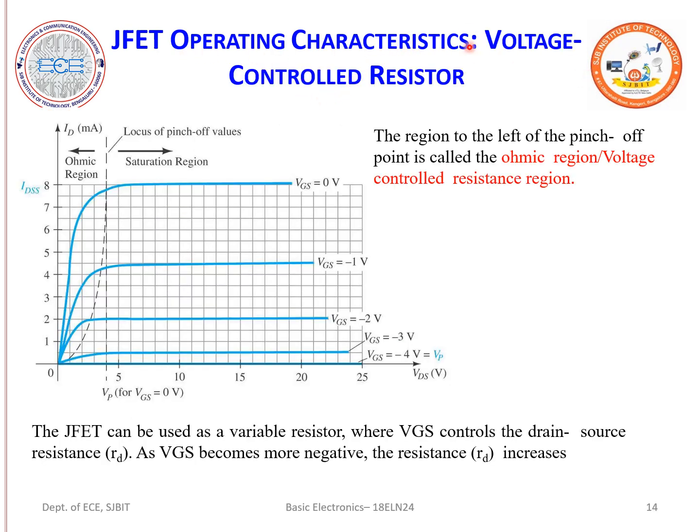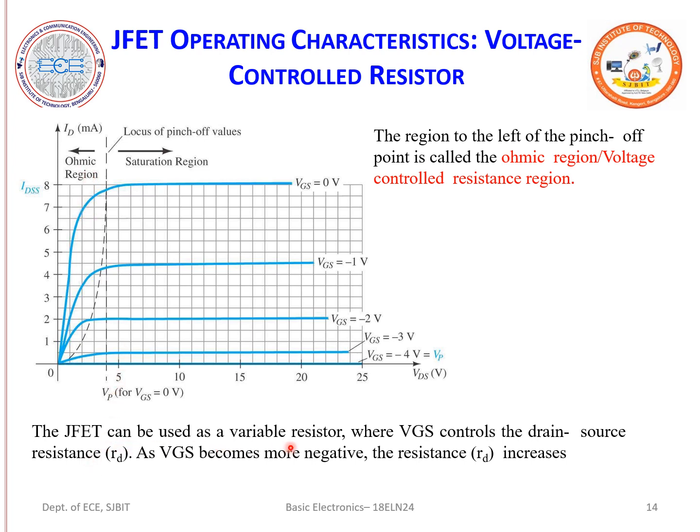JFET operating characteristics: a voltage controlled resistor. How is this going to act as a voltage controlled resistor? The region to the left of the pinch off point is called the ohmic region, or the voltage controlled resistance region.